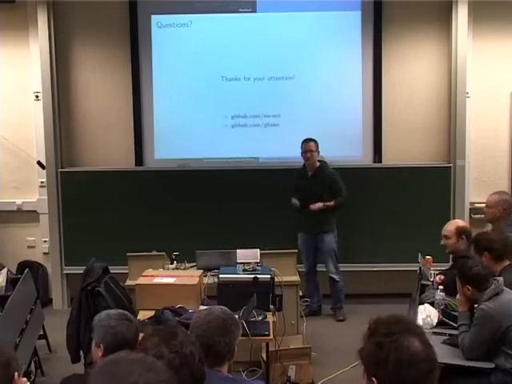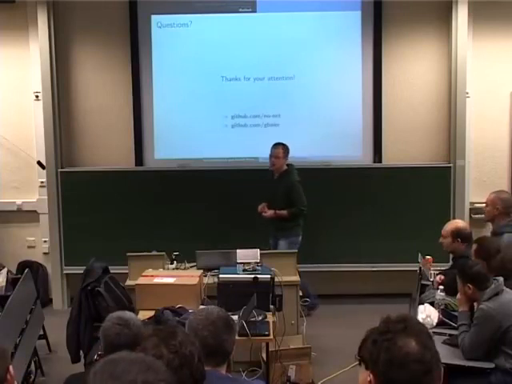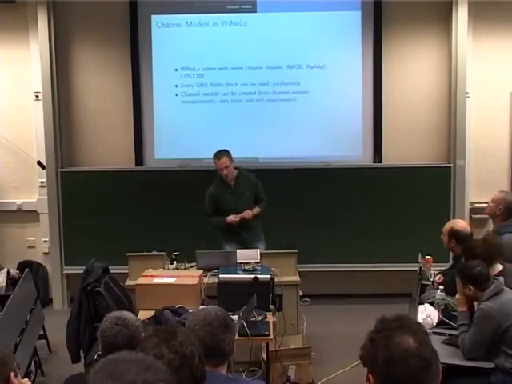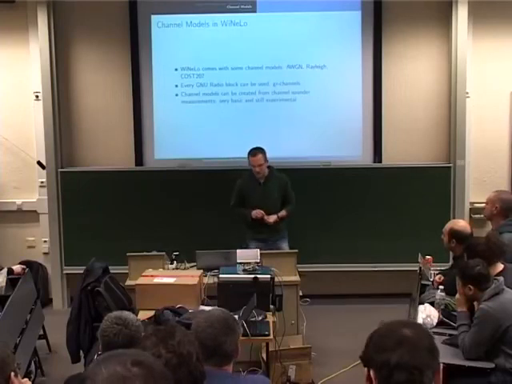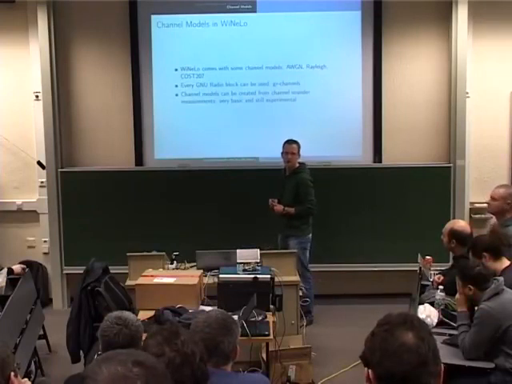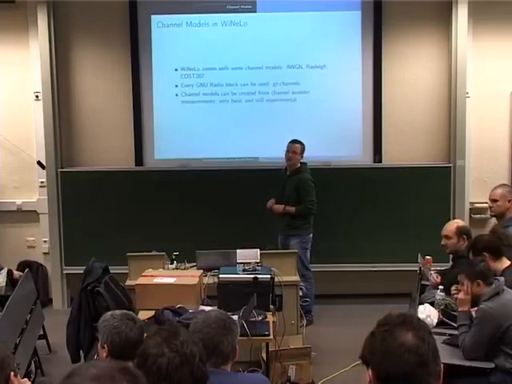Okay, yes. Are there models useful for HF? HF of these models, honestly, I don't know. I've never worked with HF. I think that's 13 megahertz or something. That's ionospheric, it's all different kinds of communication.